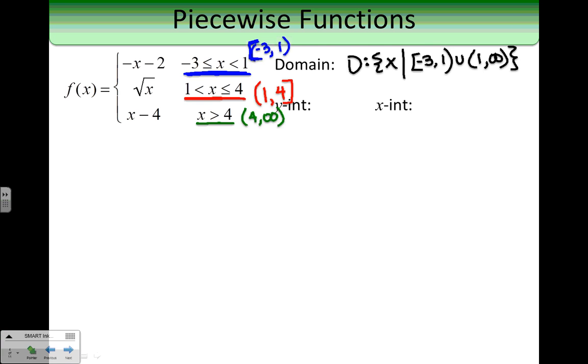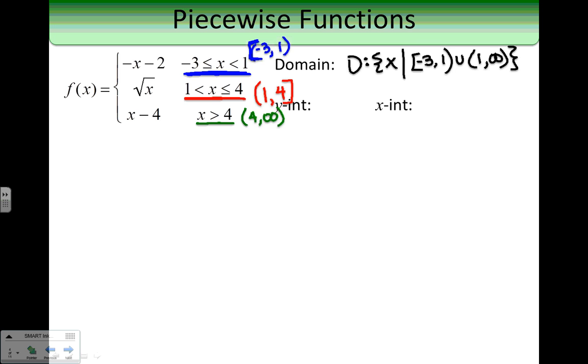All right, let's look at the y-intercepts and the x-intercepts. So again, for the y-intercepts, we're plugging in 0 into our x value. So we need to figure out where in our domain is there an x value of 0. Which one of those 3 individual domains can we do 0?